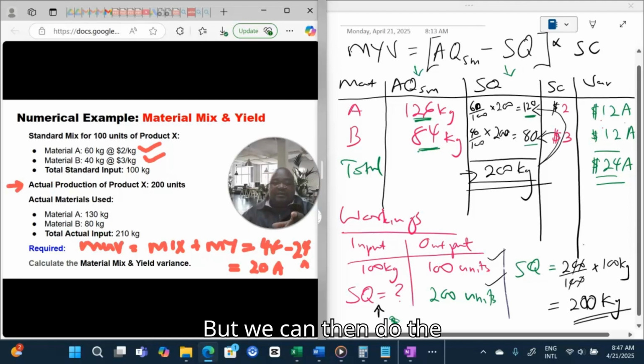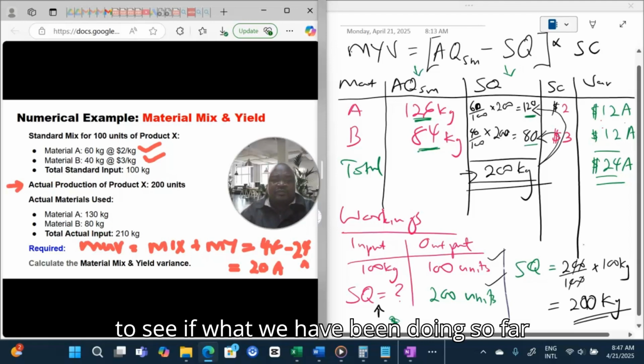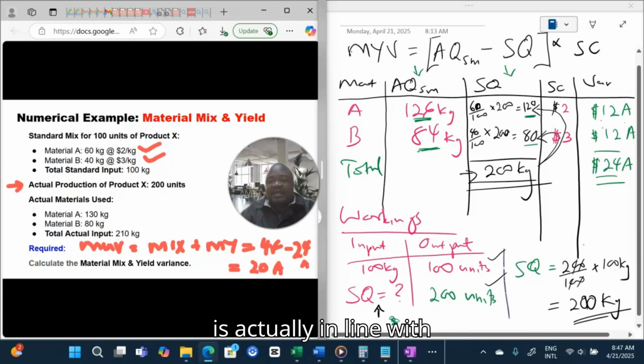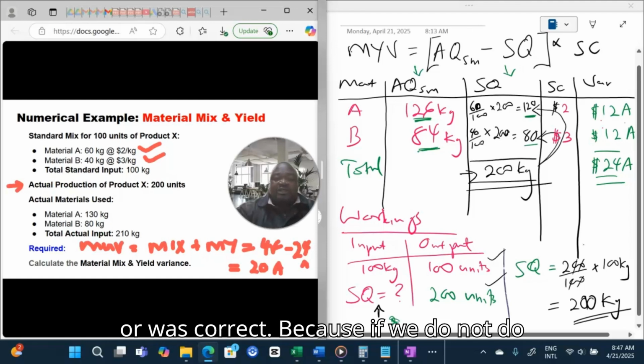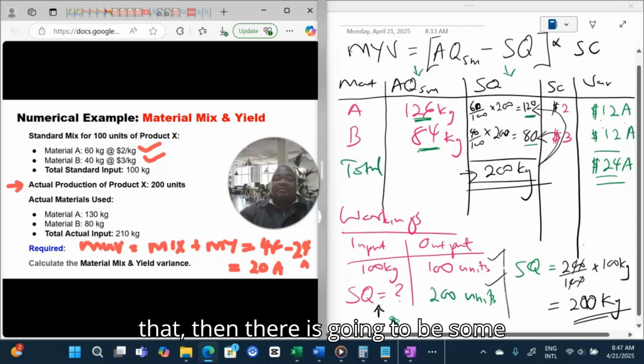But we can then do the MUV separately to see if what we have been doing so far is actually in line with, or was correct. Because if you do not do that, then there is going to be some challenges.